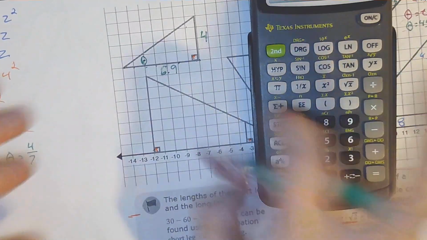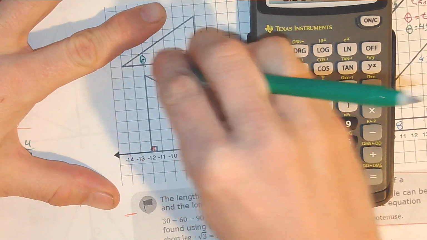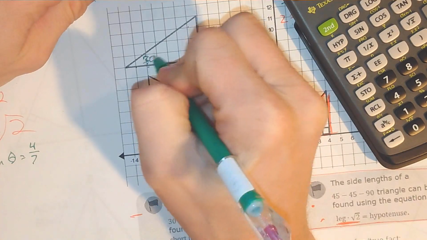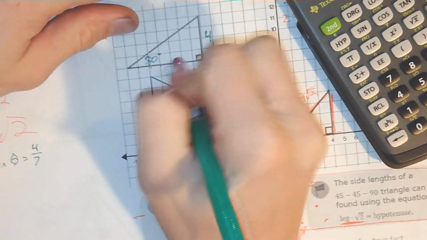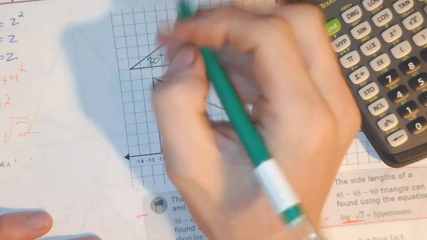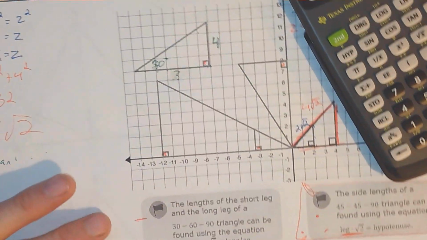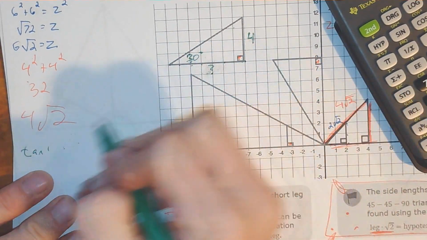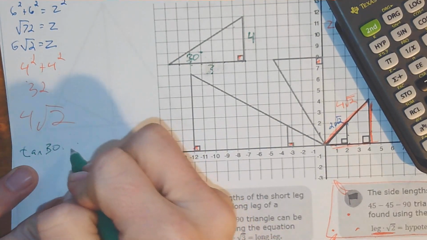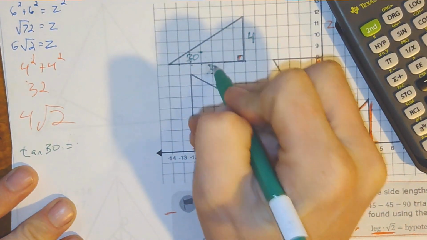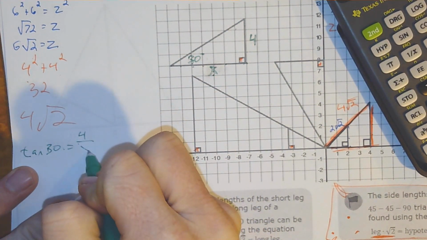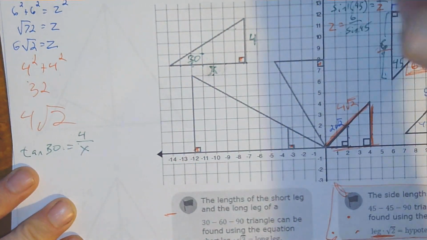So if I wanted to figure out what this length was, and I was given that this was a 30-degree angle, how would I figure out what this length was? Alright, so here's a better example. I would figure out the tangent of 30 equals 4 divided by my x value, which is supposed to be blue, right?